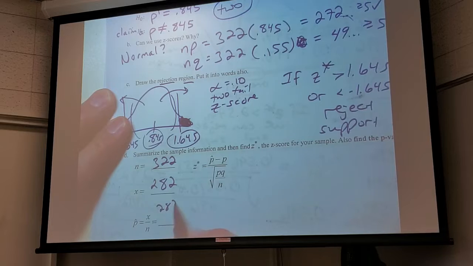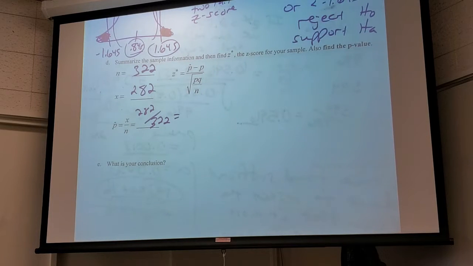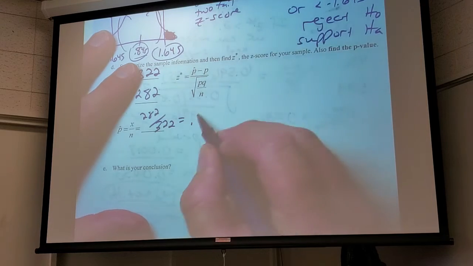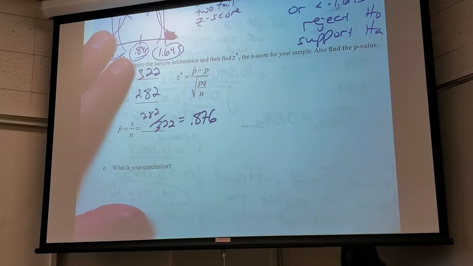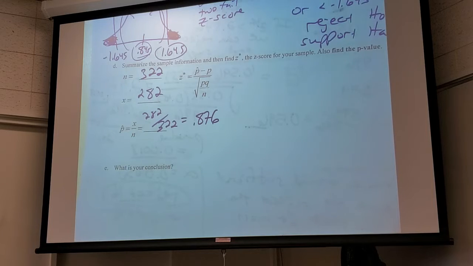So we got 282 out of 322, which is 0.8757, so 0.876. It was a 50-50 shot on which way to go from 0.875.